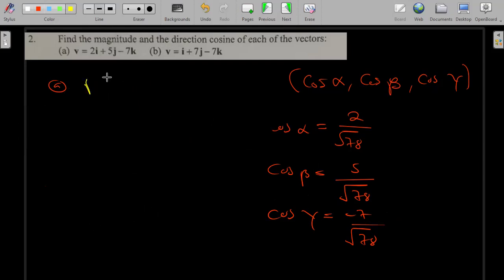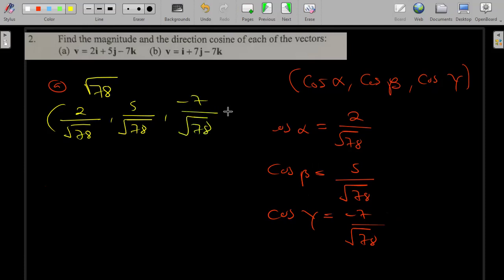First of all, my magnitude is root 78, found my magnitude. Then my direction cosines are just going to be 2 over root 78, then 5 over root 78, then negative 7 over root 78, like that. So that's my direction vector.